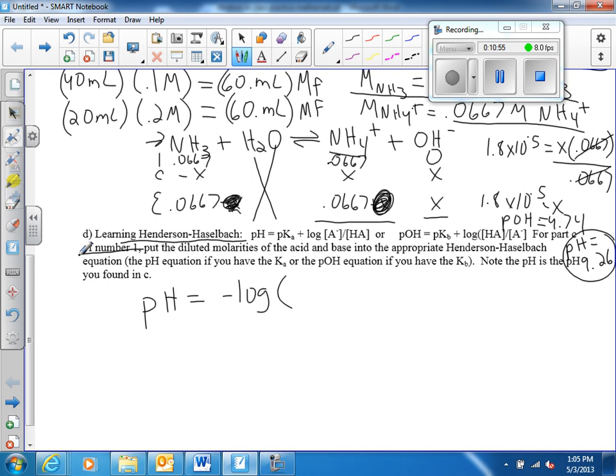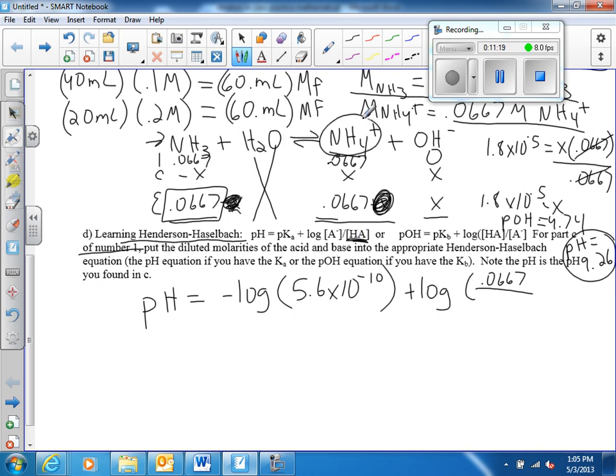The Ka was 5.6 times 10 to the minus 10. pKa is just negative log of that, plus the log of A minus, right, oh no, A minus was here, that's our base, 0.0667, over HA. Here's my acid, HA just means acid, A minus means base. Here's my acid concentration, 0.0667, and when I solve this I get 9.26.